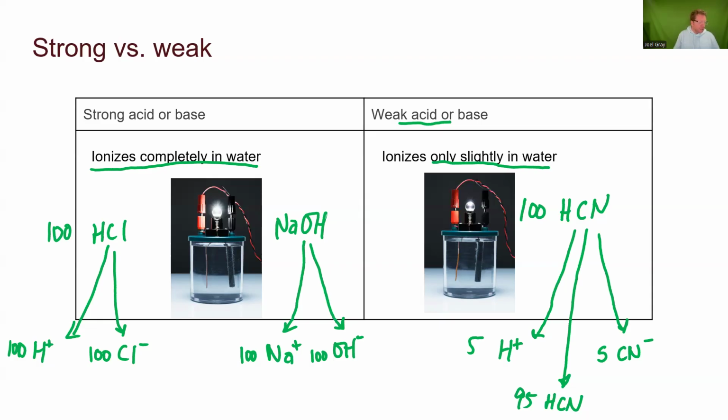Now, if we had something like a weak base, MgOH2. Again, we've got 100 molecules of this. We're going to get, let's say, 8 Mg2 plus. How many OH will I get from this? How many free OH minuses?